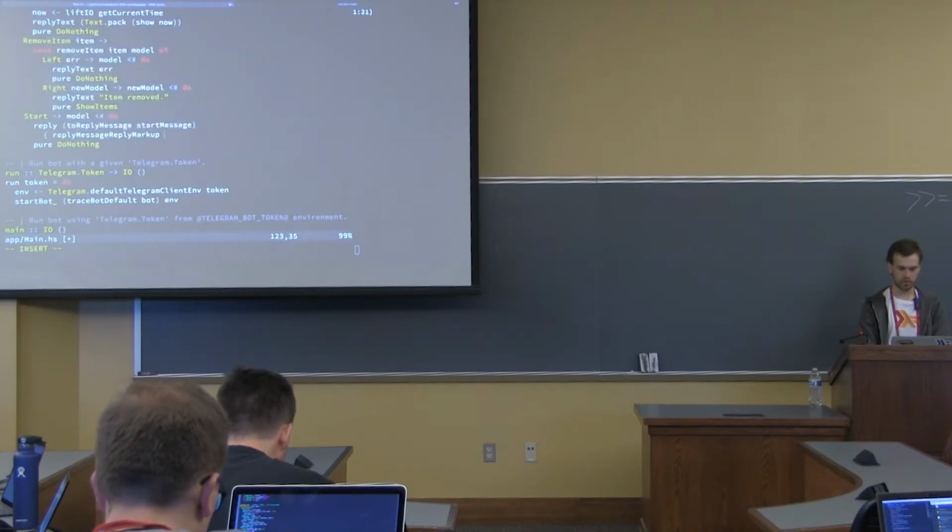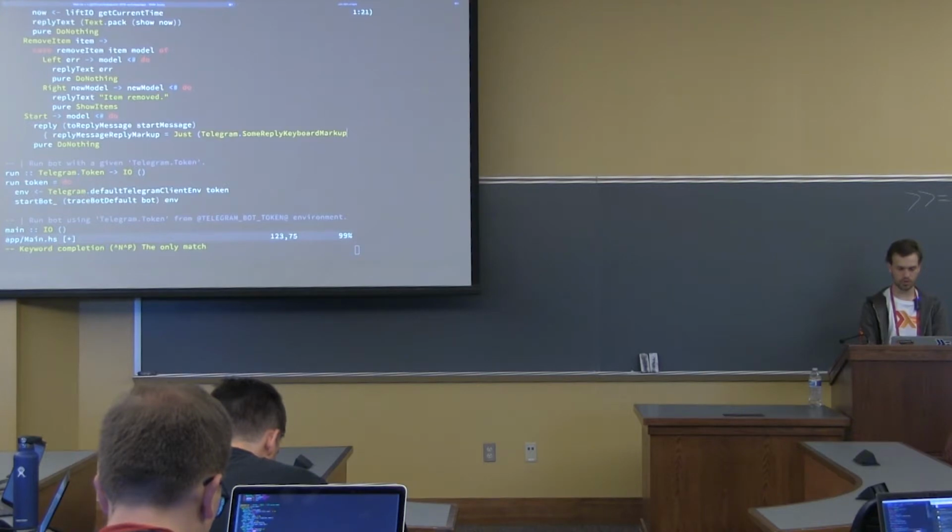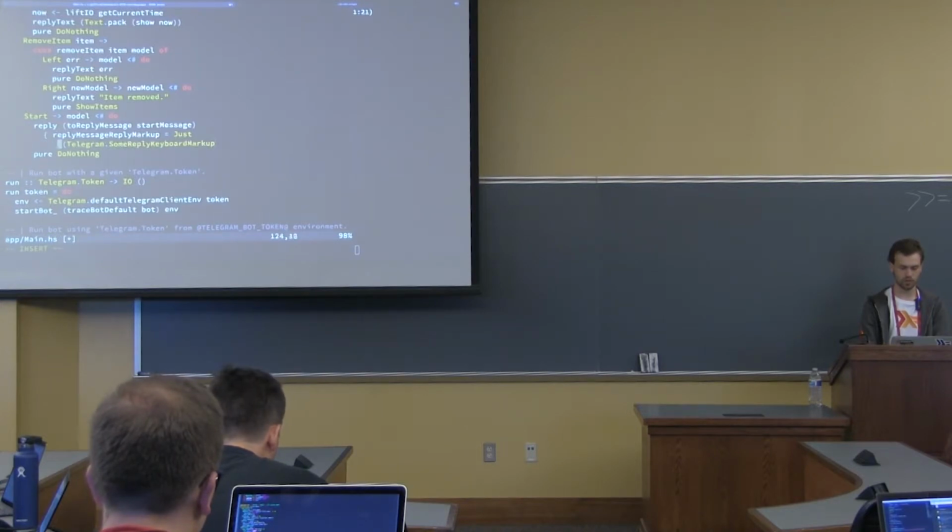Message reply markup is going to be Telegram, just because it's a Maybe, and then Telegram some reply keyboard markup, because that's where we are choosing which kind of keyboard we're using, which kind of reply markup we're using.